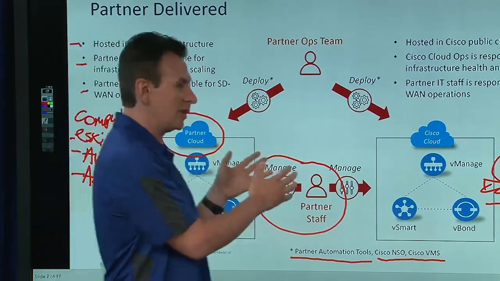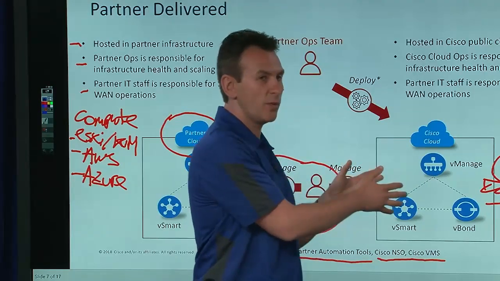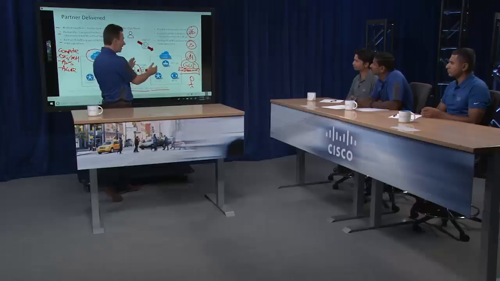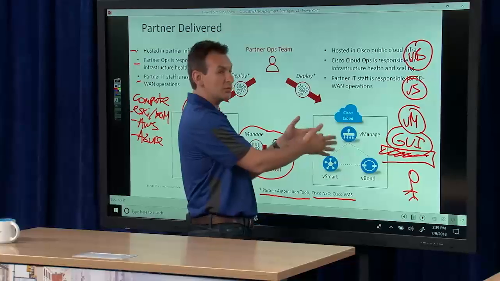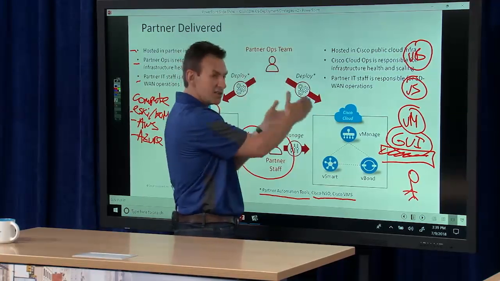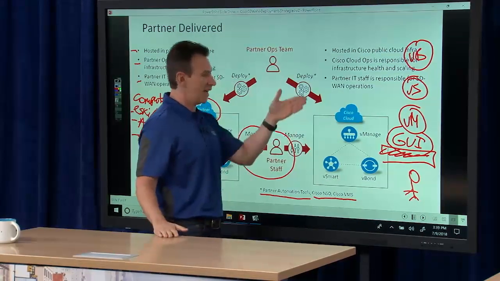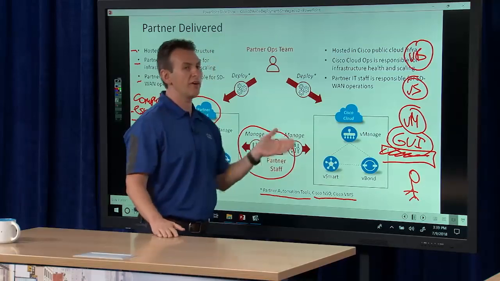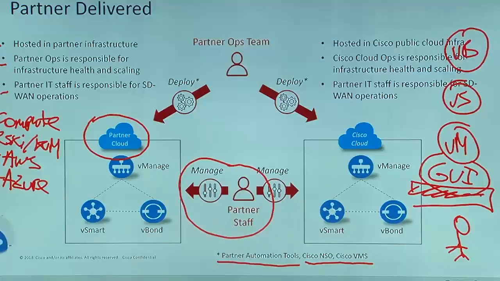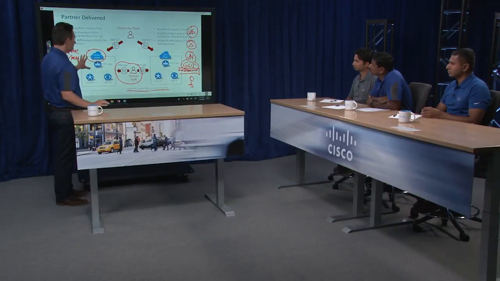So for those partners, we can offer the fast track into providing SD-WAN as a service. And the fast track is really to say, why don't you leverage what we have already built, and you would deploy the customers into the Cisco SD-WAN service, but leveraging the tool set that we can provide you. Right? So it's a fast track into launching a Cisco SD-WAN service for partners that are not quite ready for self-hosting.